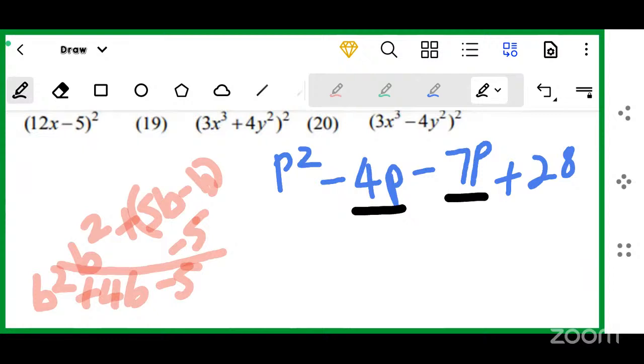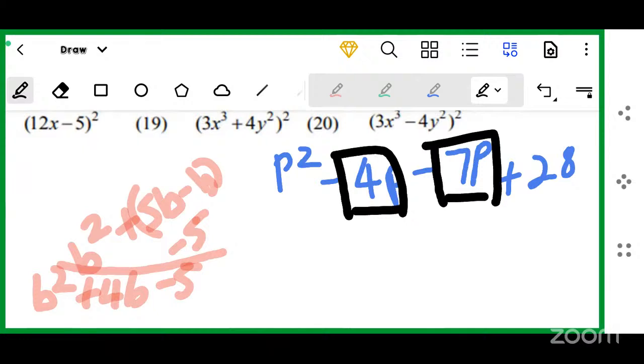So it's more like Ole has 4 pencils and you have 7 pencils. So whenever you see two p's that are alike, like p to the power of 2 and p to the power of 2, these are regarded as like terms.